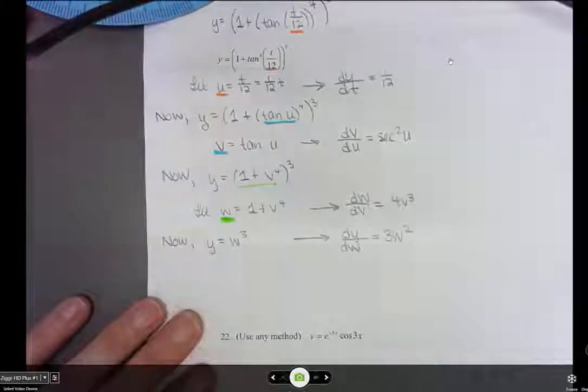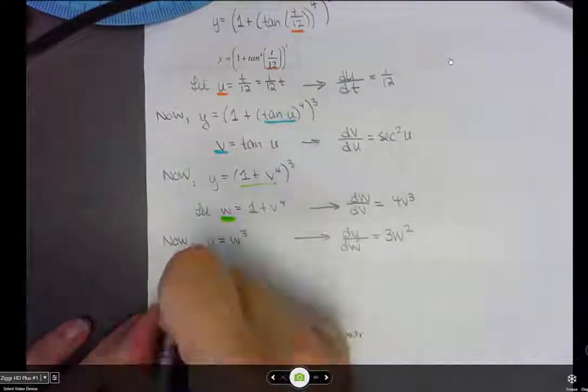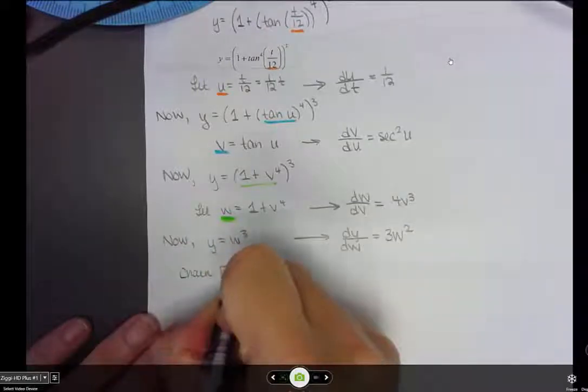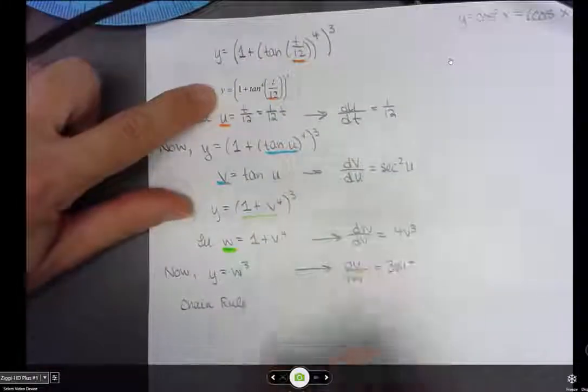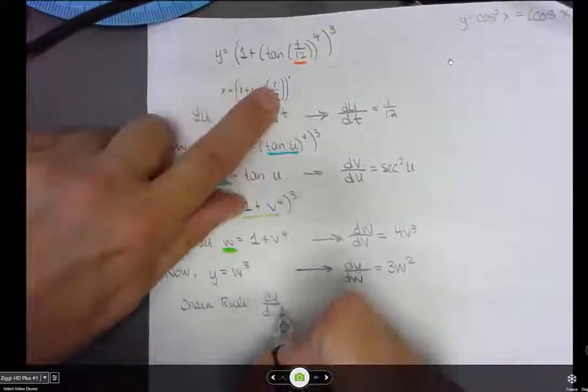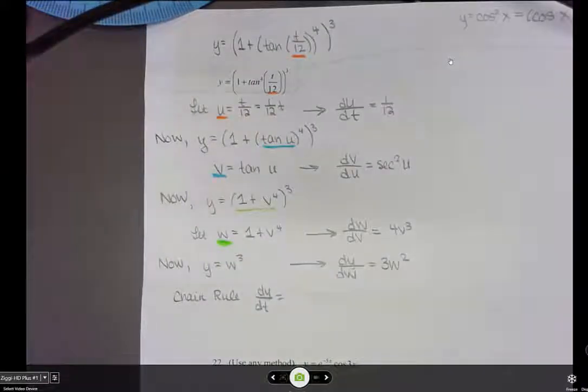And once you get y in the numerator, you're done. You're ready to apply the chain rule. So let's look at how the problem started. Well, y was on the left and t was on the right. So we're looking to get dy dt. And let's just go back through our list of derivatives, multiply them together.